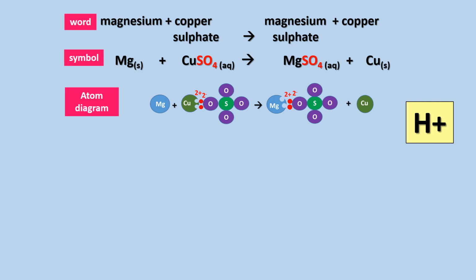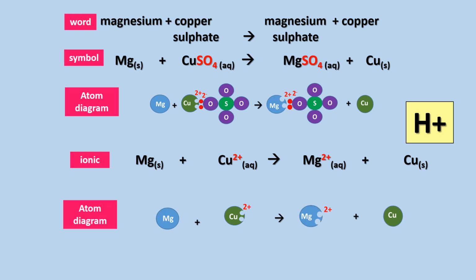If we take an atom diagram of our symbol equation, we can clearly see the copper ions giving their electrons to the sulfate and the magnesium ions giving their electrons to the sulfate. But if we remove the sulfate altogether, our atom diagram simplifies to show just the atoms turning to ions and the ions turning to atoms.